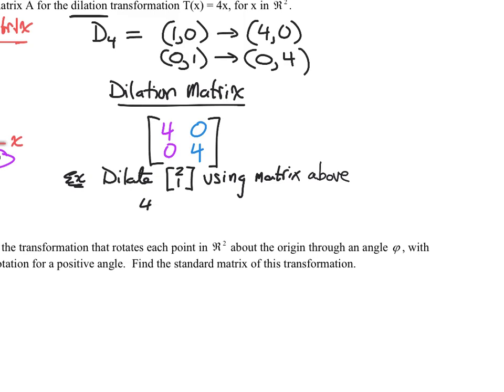So all you would do is take your 4, 0, 0, 4 and multiply it by 2, 1.